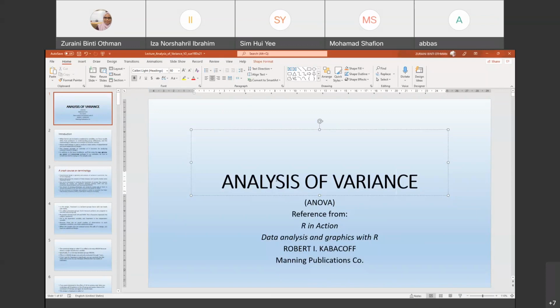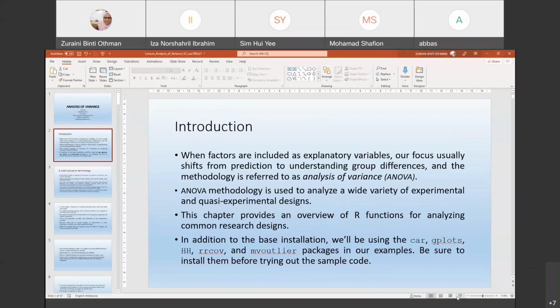It is from one disease, and it has a lot of variants, like the Omicron variant. That is what we want to analyze in analysis of variance: whether the variant gives a significant impact for our study or not.